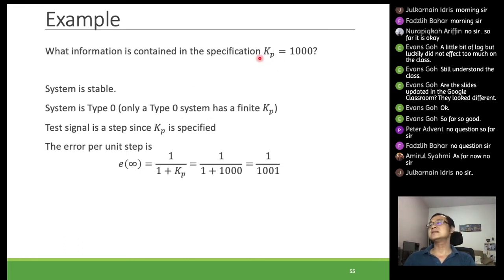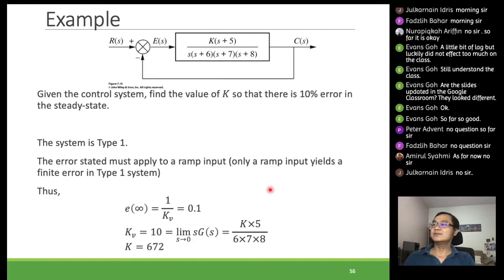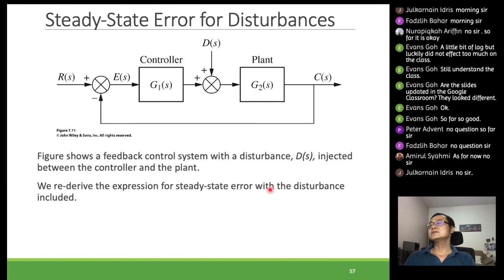Since it's type 0, the test signal would be a step. We are testing with Kp, so the test signal is a step, and when the step input is given, our steady state error will be 1 over 1 plus Kp, referring to the previous equation, so our error will be 1 over 1001. So this is how you can interpret them. Same thing for these examples, so you can try that on your own.